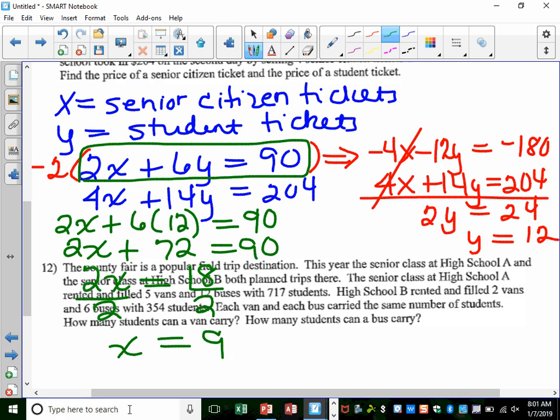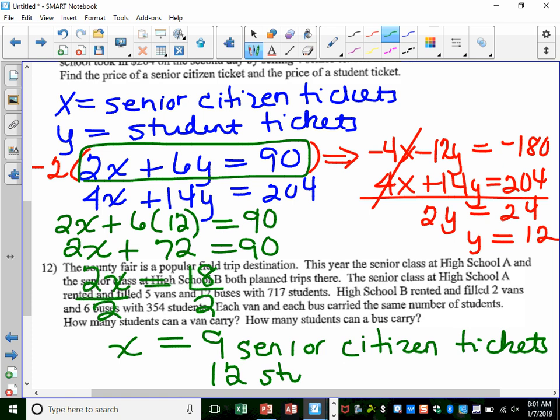Is that correct? So now I have, for my senior citizens, so you would actually say 9 senior citizens tickets and 12 student tickets.